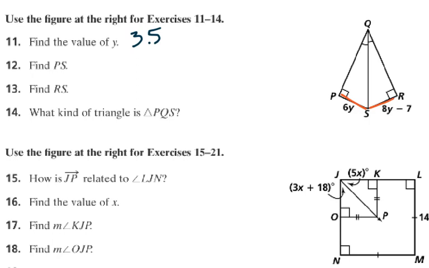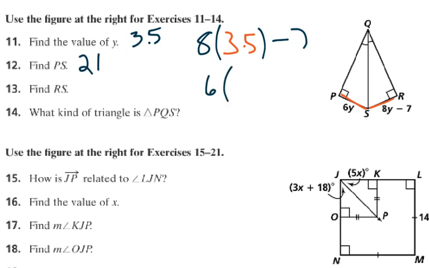Okay, so if you, in your calculator, plug in, let's see, 8 times 3.5 minus 7, you should get 21. And if you take 6 times 3.5, you should get 21.